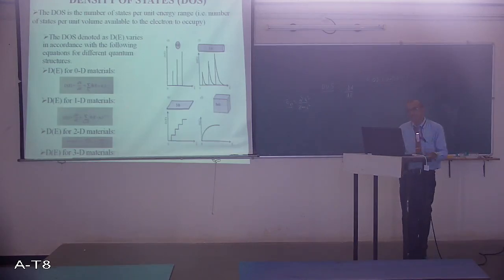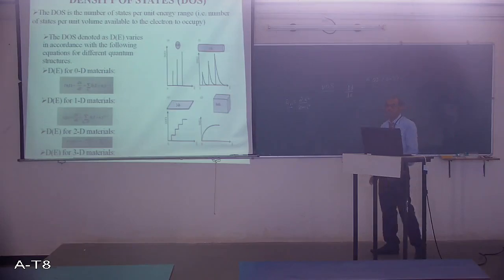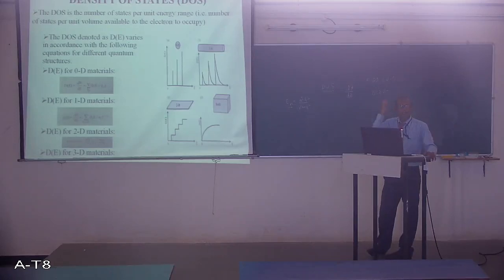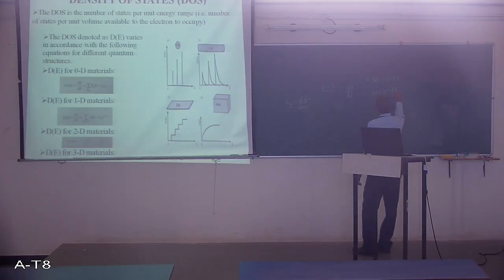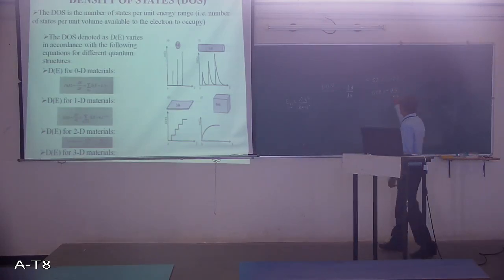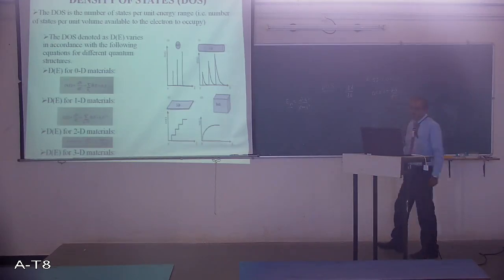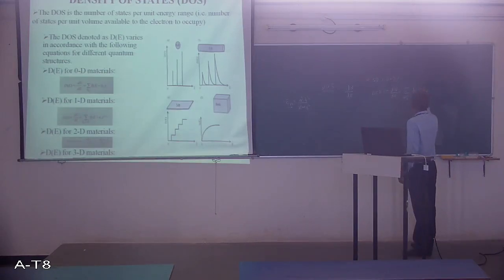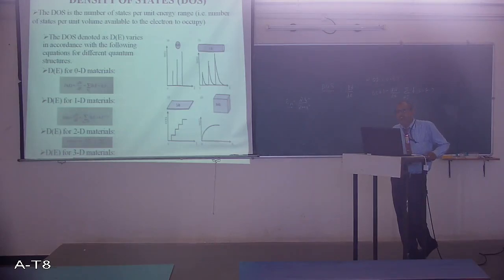In this case, if the density of states is calculated with the help of the energy expression, the number of states per unit energy gives the Dirac delta function, E minus E_i, for a particular level i.